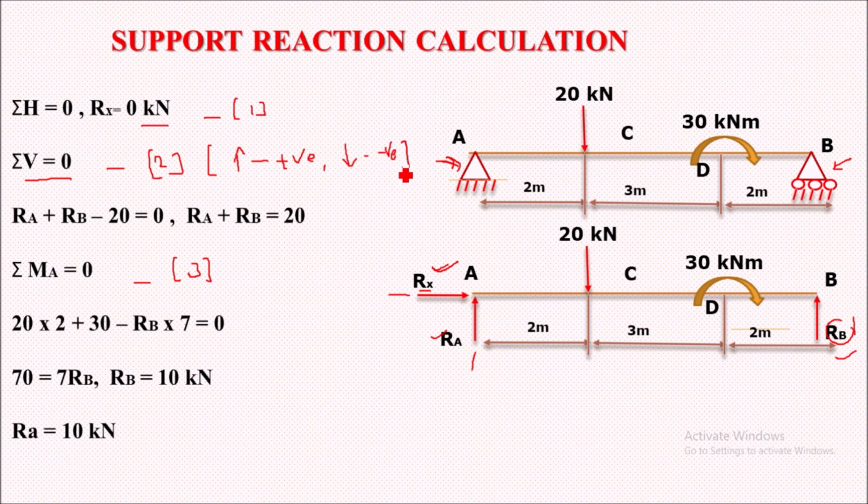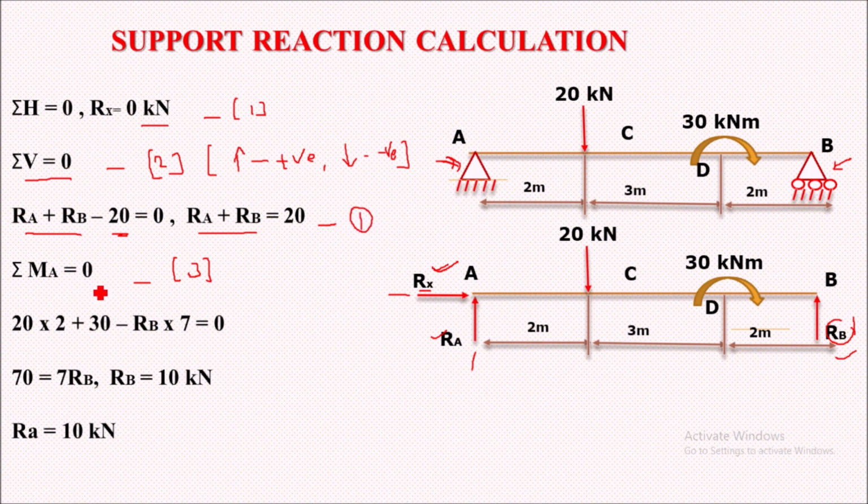We have Ra and Rb as the vertical forces, while 20 kilonewton is the downward force. So Ra, Rb are positive magnitude and this is of negative magnitude as a downward force. So Ra plus Rb will become equal to 20. This is my first equation.